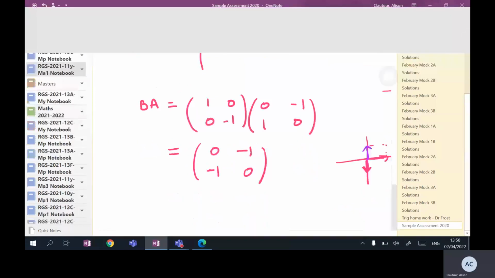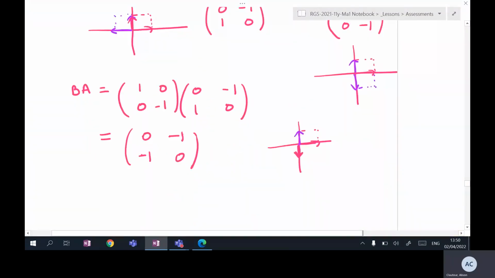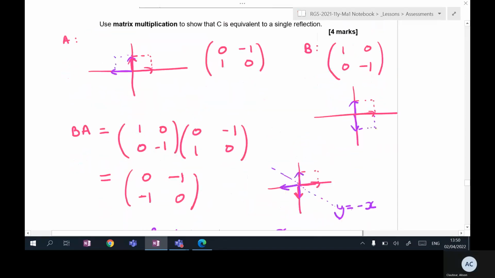And then my purple vector has gone to -1, 0. So here. Okay, so you can see that is a reflection in the line y equals -x. So I'm just going to summarize it as a reflection in y equals -x.